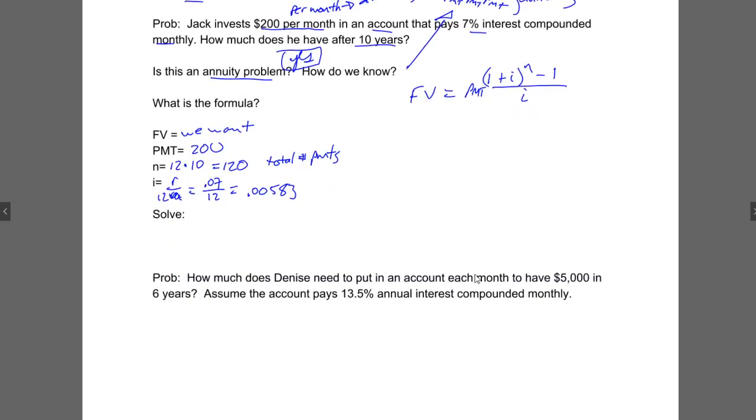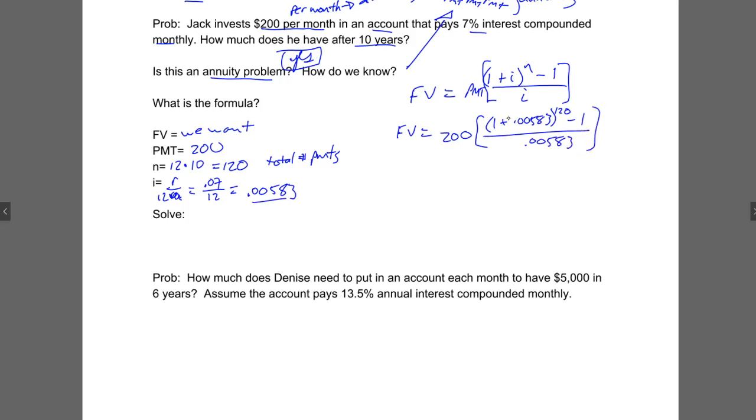So all right, let's try it. Future value is, usually I like to put brackets around this nonsense over here. So 200, let's just put all the stuff in: 1 plus 0.00583, to the 120 minus 1, over 0.00583. Solving for I first can be a good idea.